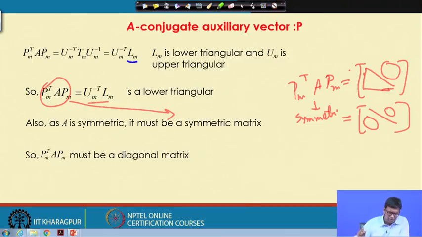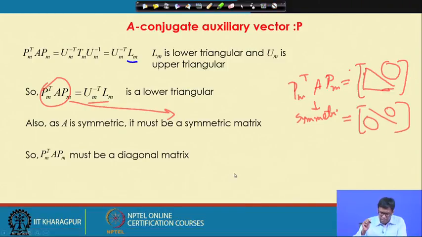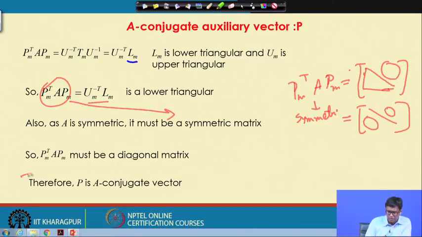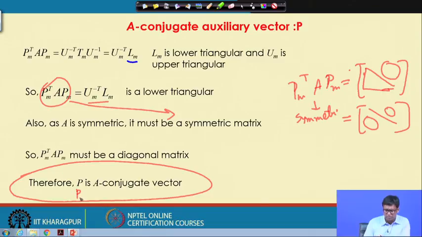A lower triangular matrix can only be symmetric, same for an upper triangular matrix, when it is a diagonal matrix. Therefore, Pm transpose A Pm must be a diagonal matrix, and we get the fact that all the columns of Pm, small p, are conjugate vectors.